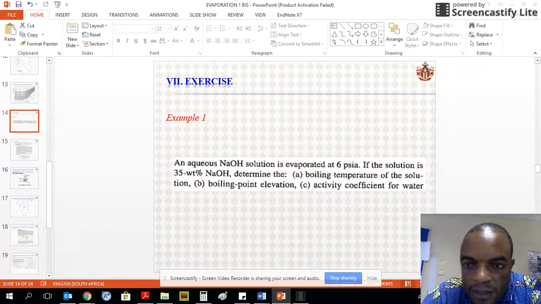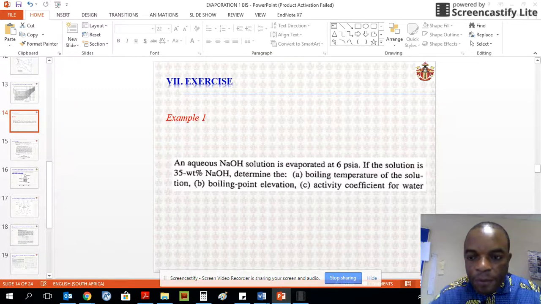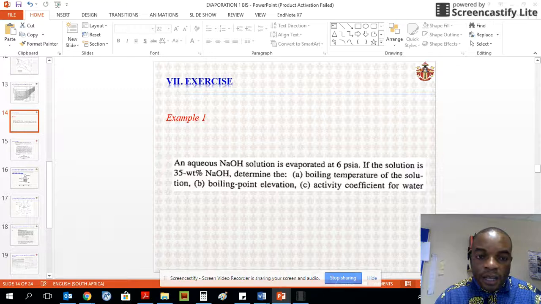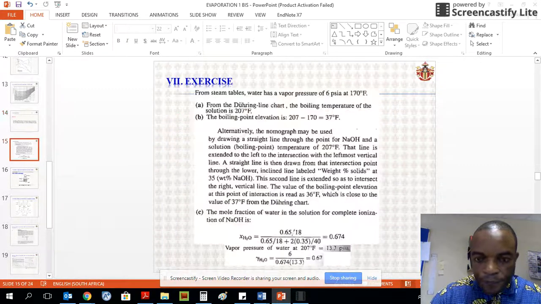In the previous session, you studied how to determine the boiling point elevation or the appropriate temperature at which evaporation should be conducted. As promised, let me give you the answer to the question of example 1.